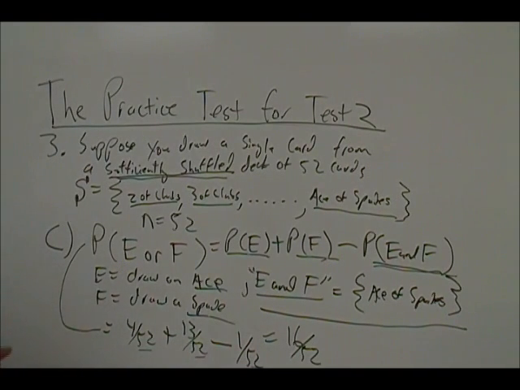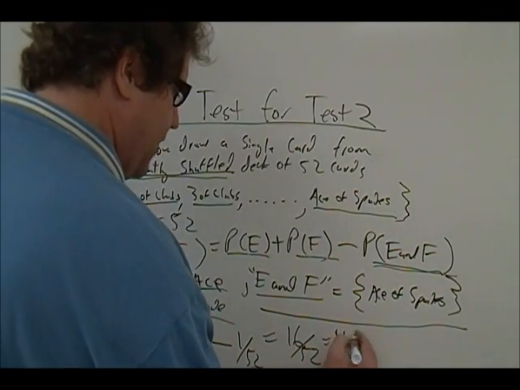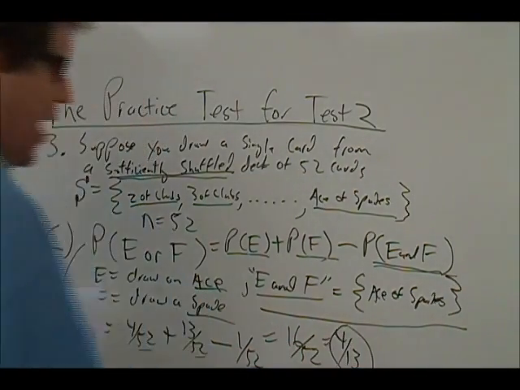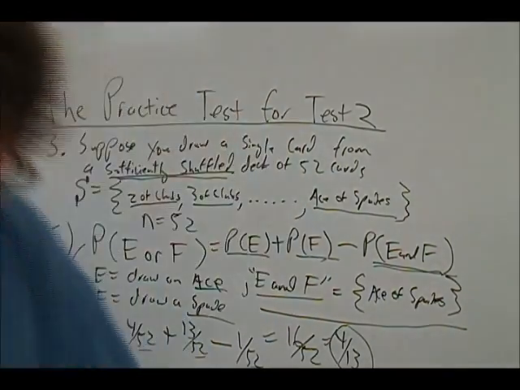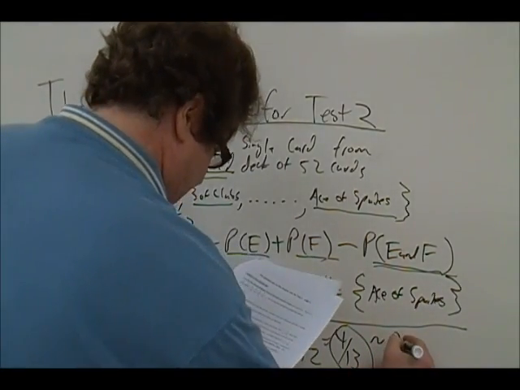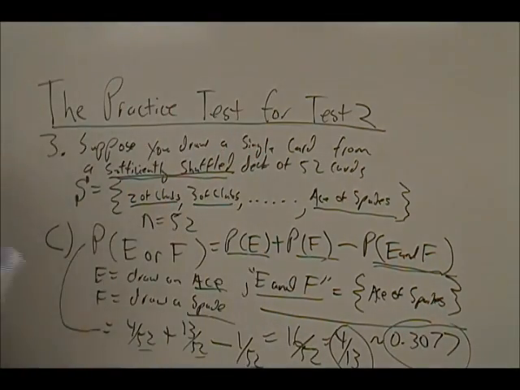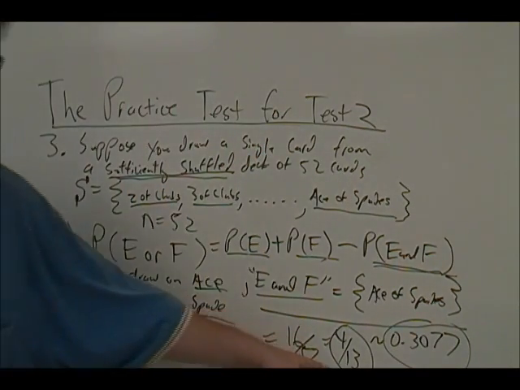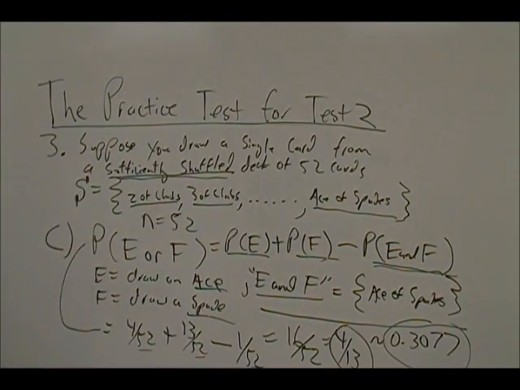So if I want to write my answer as a fraction, I need to divide 4 out of the top and bottom, which leads to 4 over 13, which is a reduced fraction. Or if I want to write that as a decimal rounded to 4 significant figures, it comes to approximately 0.3077. So you can either write your answer for 3C as 4 over 13 or as 0.3077.